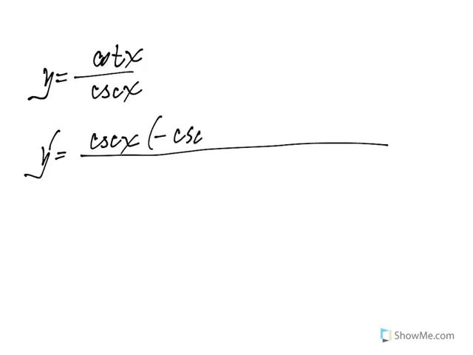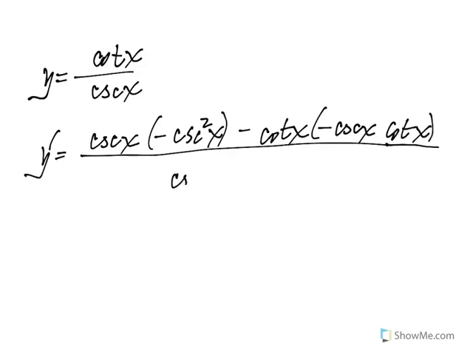Cotangent goes to negative cosecant squared of x, minus then the high, which is the cotangent of x, times the derivative of cosecant, which is negative cosecant of x times the cotangent of x, all over the cosecant of x squared. Keep in mind that when you're multiplying by a negative, put it in parentheses. Otherwise, it's going to look like a subtraction problem, and that will not be correct.